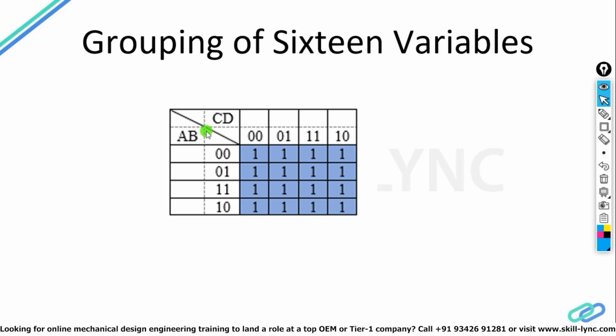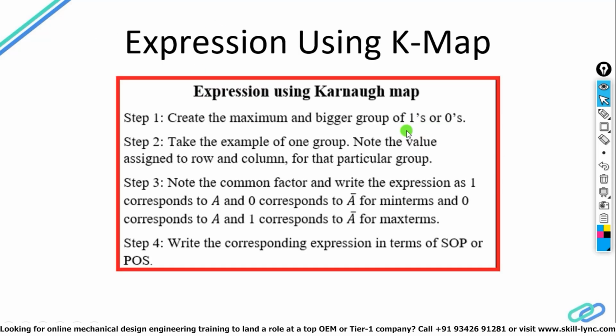So the groups are single pair, dual pair, quad pair, octa pair, hexadeca pair that I have shown you. Now next is, after placing the values and after making the groups, how to write the expressions using K-map. So the rules for K-map grouping and expression: the very first thing is to create the maximum and bigger group.